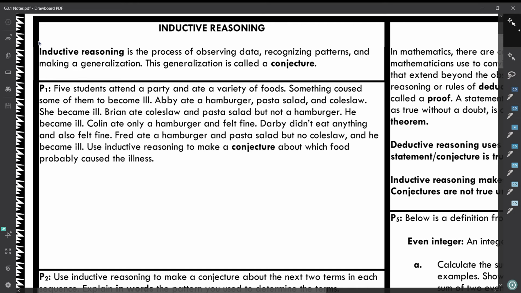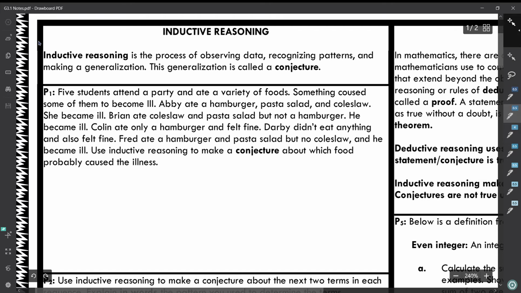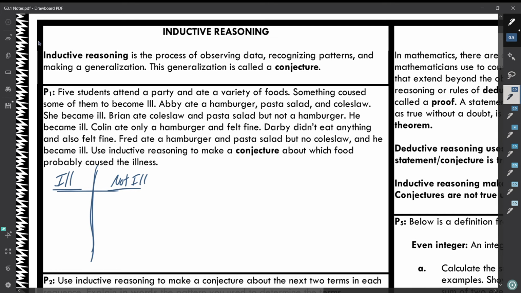So first off, how about we look at who became ill and who didn't. Ill, not ill. So let's go read back through. Okay, we got Abby first. Hamburger, pasta salad, and coleslaw. She became ill, so she was sick.